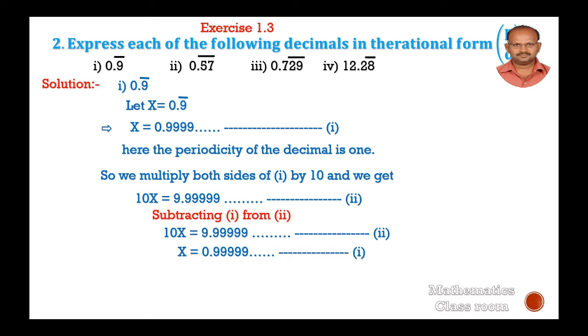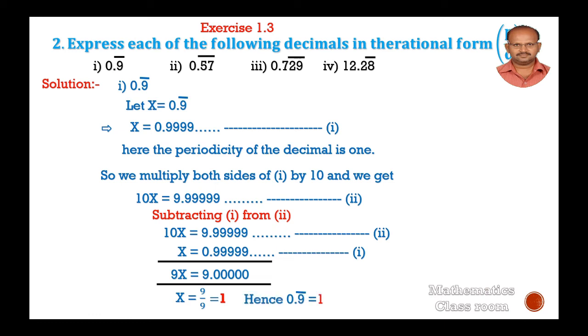Subtracting 1 from 2, 10x minus x is equal to 9x, that is equal to 9. x is equal to 9 by 9, that means 1. Numerator and denominator are the same. Hence 0.9 bar is equal to 1.